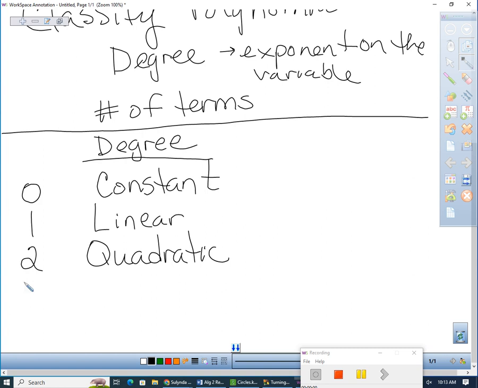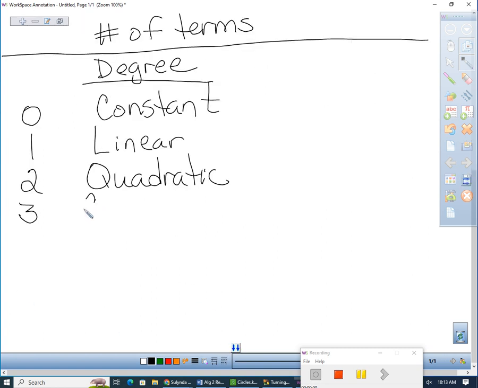If your highest exponent is a 3, the word for that is cubic. If your highest exponent is a 4, we call that quartic, like a quarter, quartic. If your highest exponent is a 5, we call that quintic.